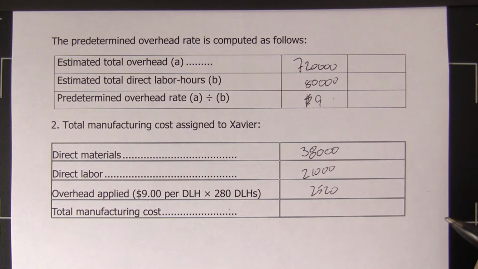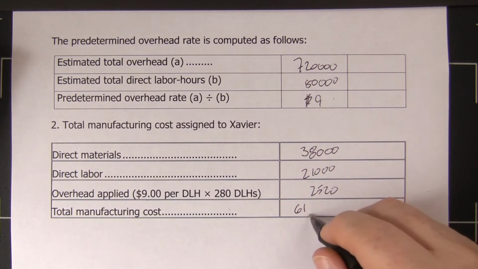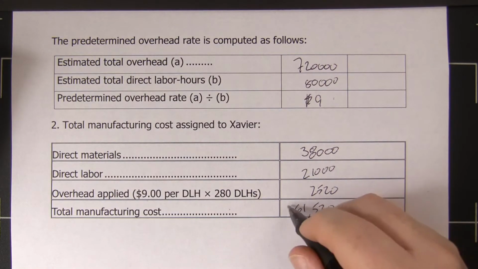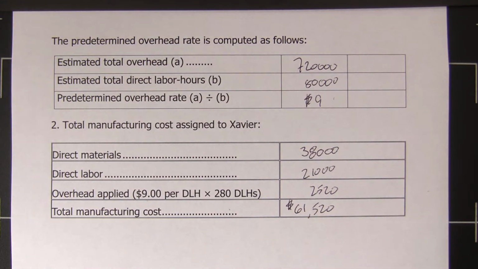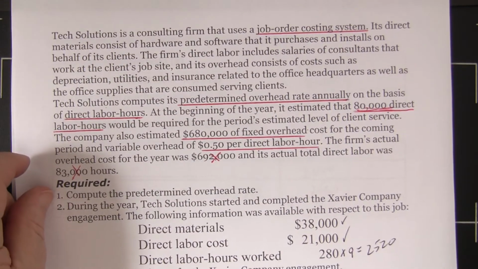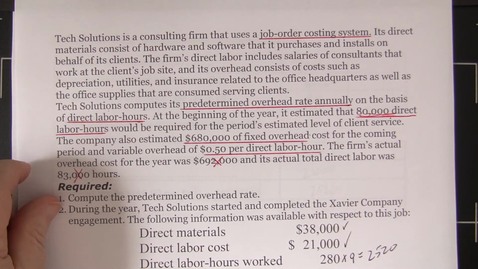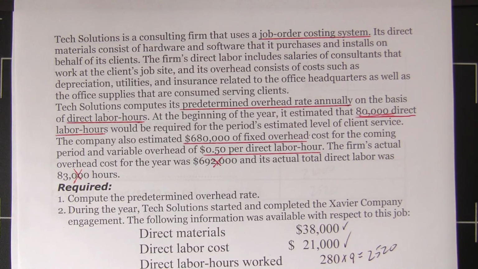The total manufacturing costs for this job, just sum them up, $61,520. So again, the trick is always to make sure you know what's in the problem and know what pieces you need and what pieces you don't need.